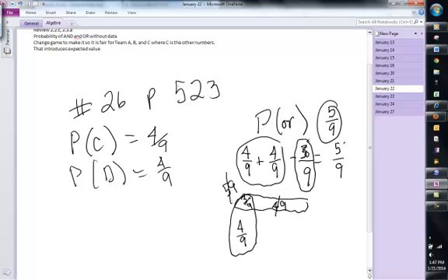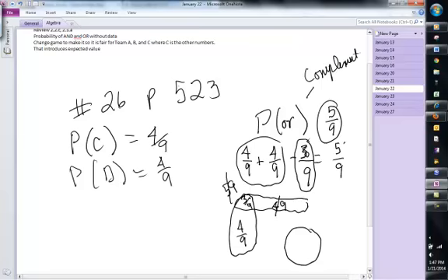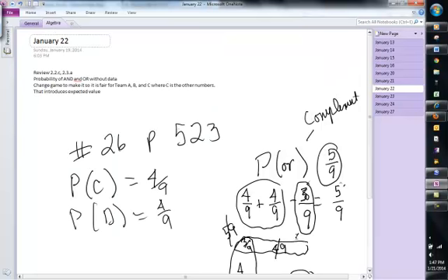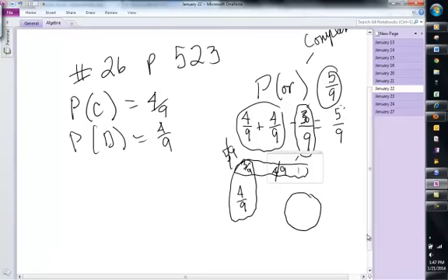In other words, the not or, the complement, is the difference between those. Well, if this is 5/9, then this section over here must also be 4/9. Why?